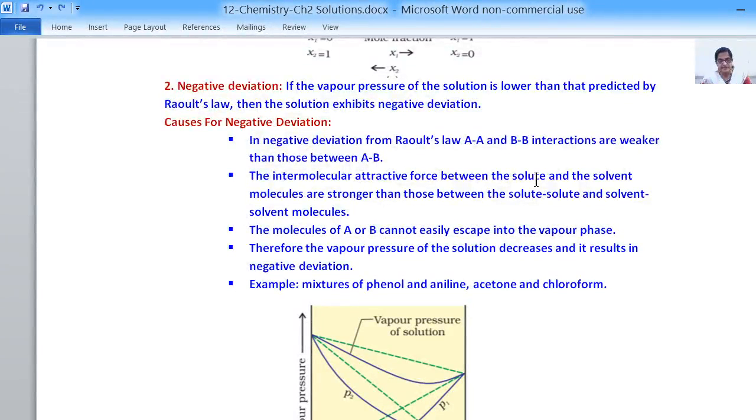Since the intermolecular interaction between A and B is much stronger, the A-B bond is very strong, so the molecules of A or B cannot easily escape into the vapor phase. Therefore, the vapor pressure of that solution decreases and it results in negative deviation. So this is the reason for negative deviation: the newly formed A-B bond is much stronger.